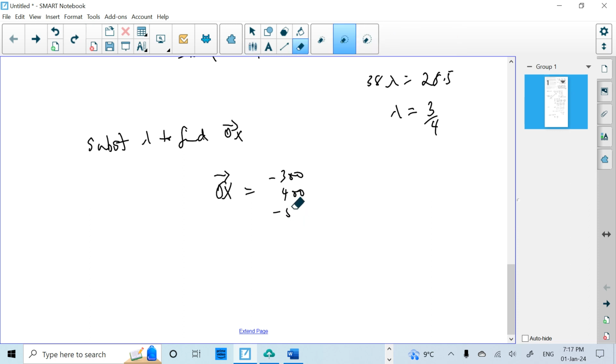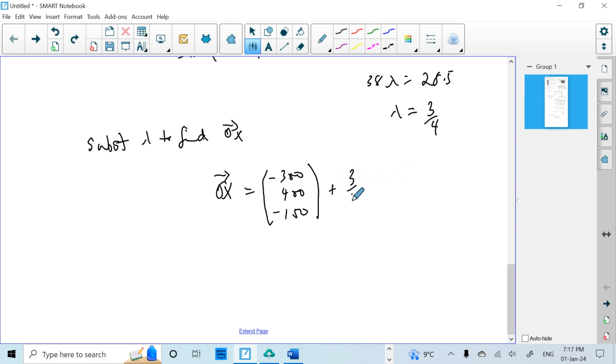Oops, made a mistake here. Minus 150, so that's OX, which is XO, and then plus 3/4 of 600 minus 100, 100. And that gives you 150, 325, and minus 75.